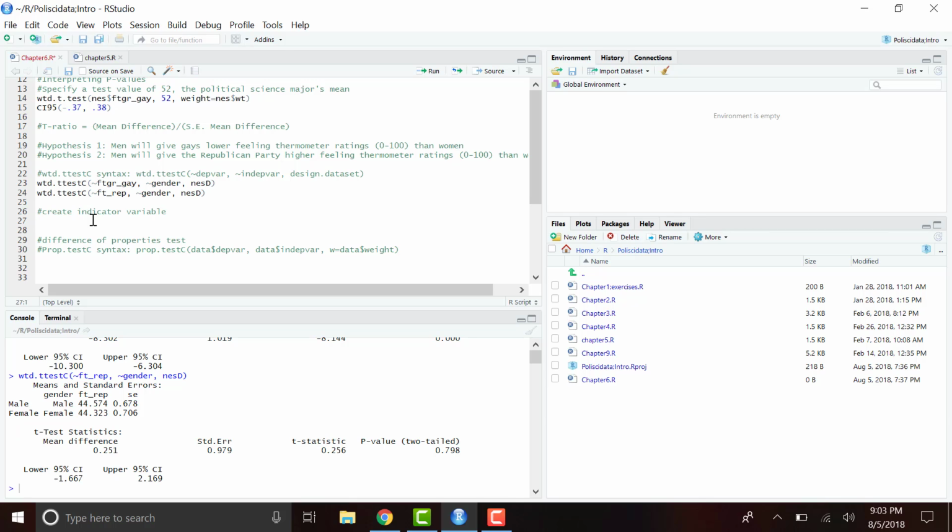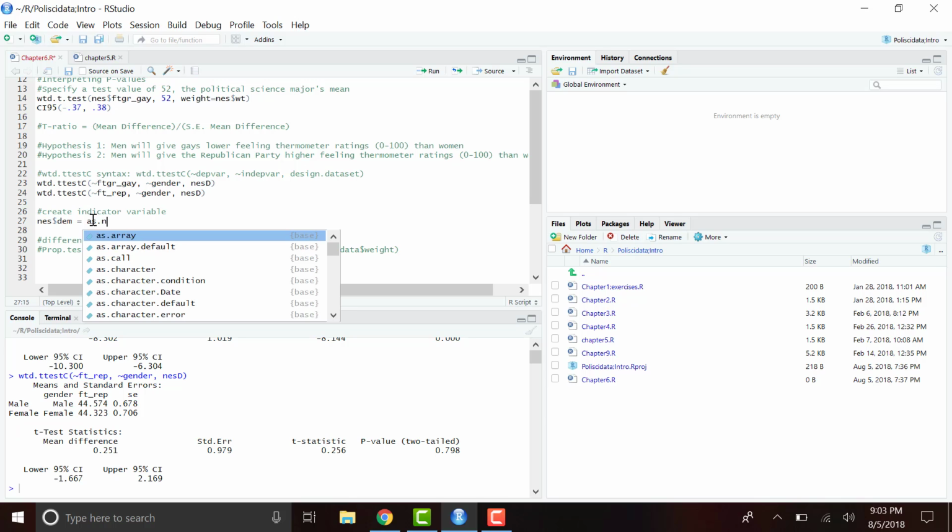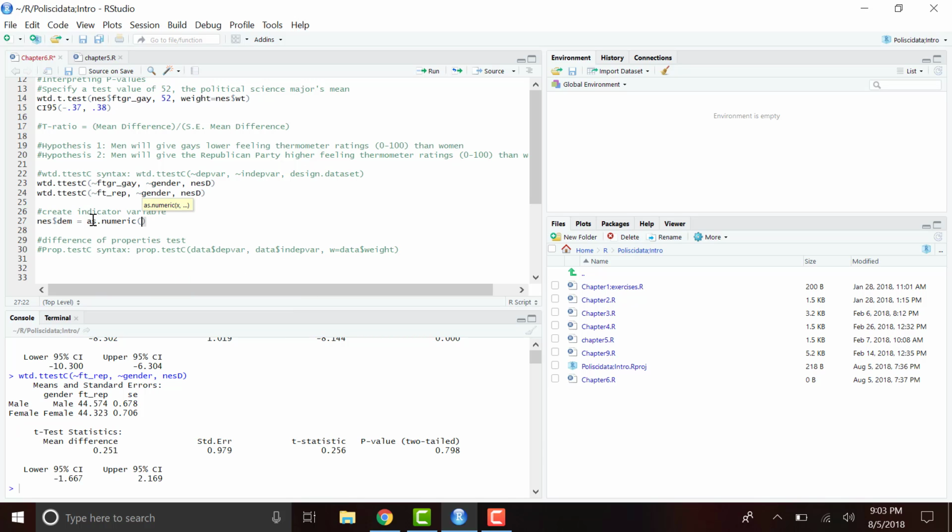So the first thing we have to do is create an indicator variable, and what we're going to be doing here is converting the dem category of NES PID underscore 3 into our numeric indicator. So we take NES dem equal as.numeric, doing NES PID underscore 3 equals dem.